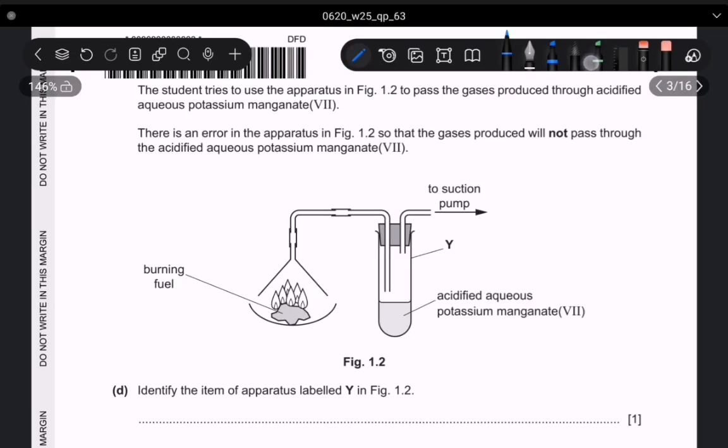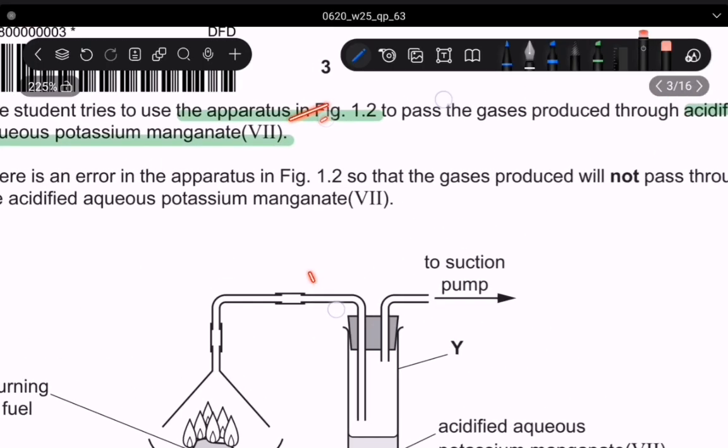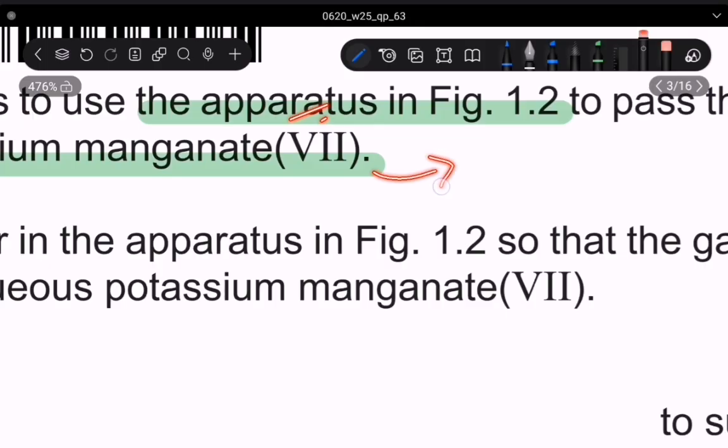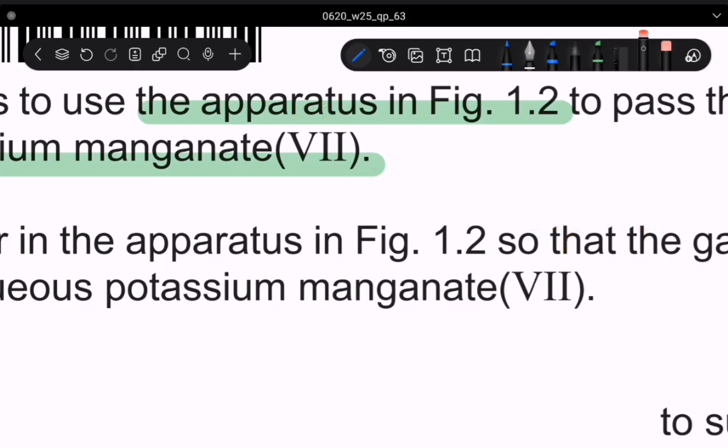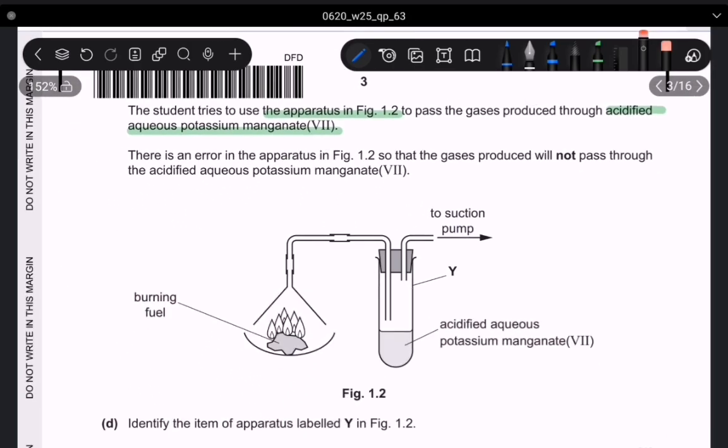Now the student tries to use the apparatus in figure 1.2 to pass the gas through acidified aqueous potassium manganate(VII). As we know, potassium manganate(VII) is an oxidizing agent, and it changes from purple to colorless.